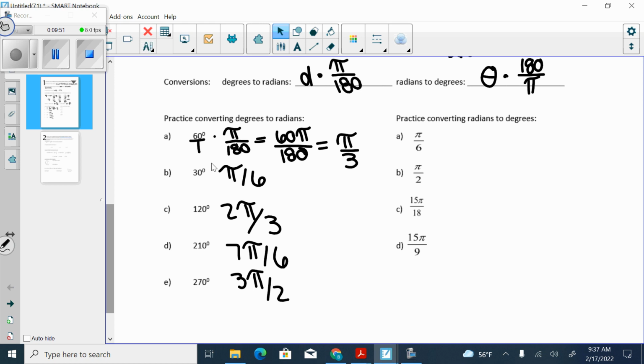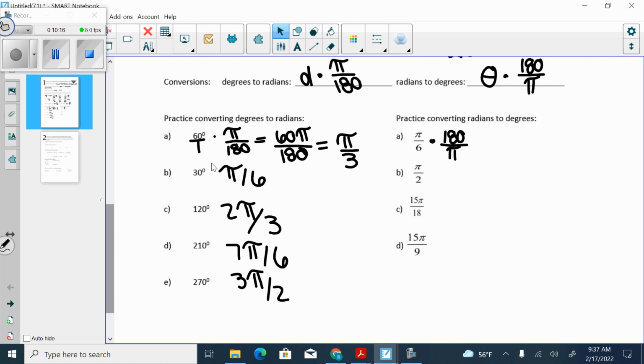Okay. All right. Second column, this time we're converting from radians back to degrees. So that would be this formula. Okay, so theta is representing our radians, what I have right here, and I'm supposed to multiply it by 180 over pi. Okay, so I'm going to multiply across the top and get 180 pi.